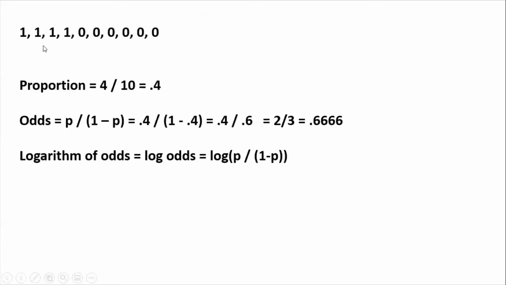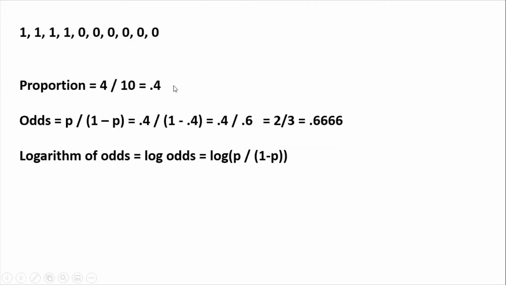Consider if we have 10 points, with 4 values of 1 and 6 values of 0. So our proportion is 4/10, which is easy, 0.4. And then our odds is p divided by 1 minus p, which is 0.4 divided by 0.6, which is around 0.666.